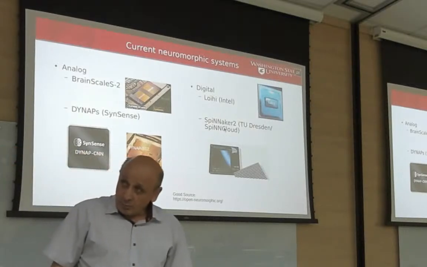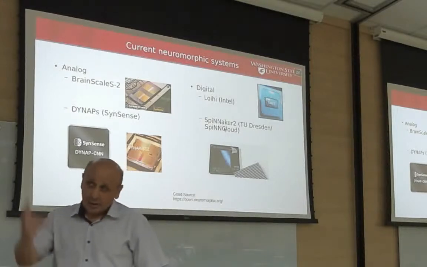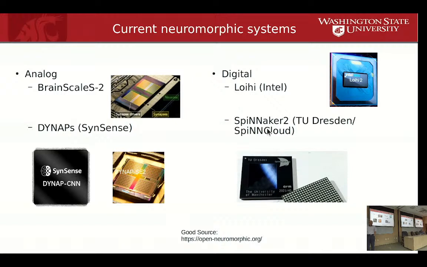So the current neuromorphic systems that are ready to use: there are a couple of analog ones. BrainScales 2, that's in Heidelberg, is a research system. Dynap-SE is a commercial analog system from SynSense. And on the digital side, we have Loihi and we have SpiNNaker 2.